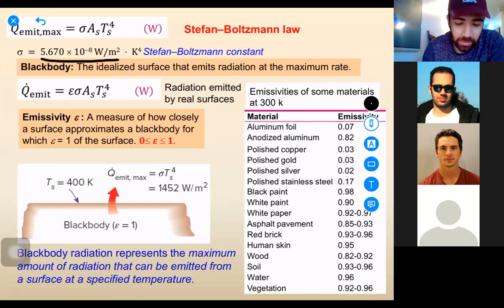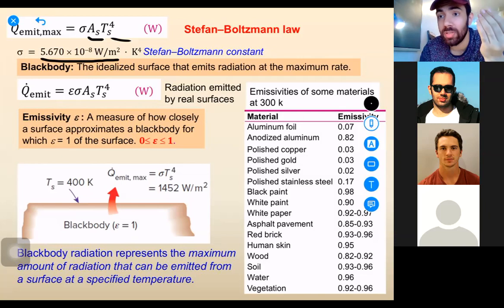And again, we have an area term here. That is the surface area that is emitting the energy or the radiation. This is the temperature of the surface, Ts to the power of 4. That is actually telling us how the temperature is affecting radiation. If you remember, for convection and conduction, we had a temperature term with a first order effect, but here we have Ts to the power of 4.